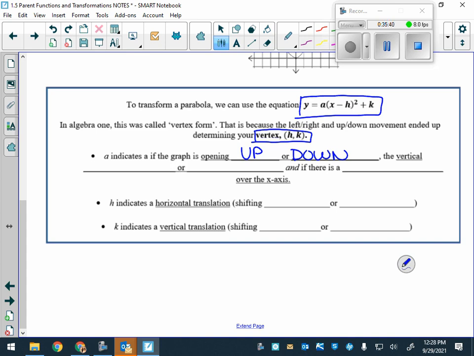Yes, Josh. Good. Vertical stretch or compression. And if there is a blank over the x-axis, what else does A tell us? Yeah, Phoebe. Good. A reflection. Okay.